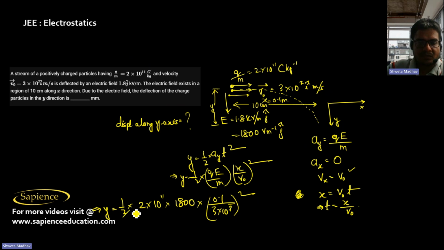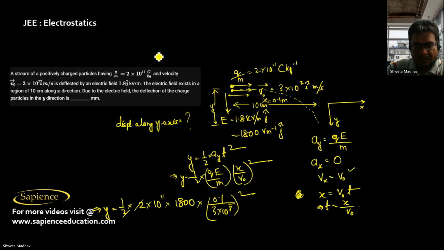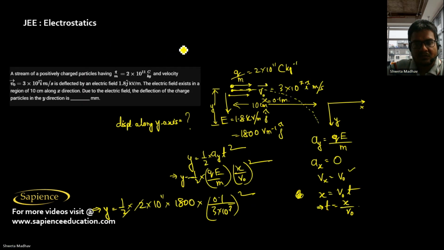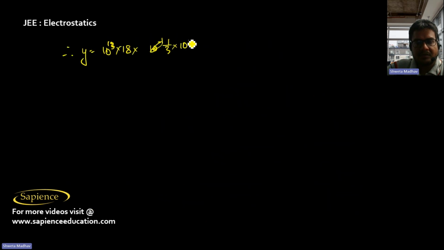So now 2 will cancel. Therefore the displacement along the y-axis will be equal to 10 power 11, 12 plus 1, 13, 10 power 13 into 18 into 10 power minus 1, into 1 by 3 into 10 power minus 1 minus 7, so 10 power minus 8, its whole square.